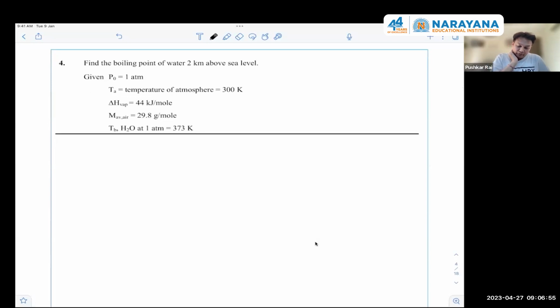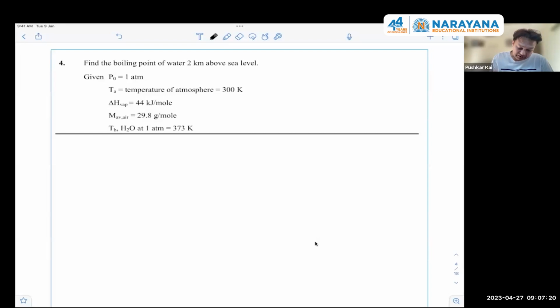Next question. Find the boiling point of water 2 kilometers above sea level. When you are at some mountain, what is the boiling point of water? Given P naught is equal to 1 atm. That means P naught is the pressure at the ground. TA is the temperature of the atmosphere, 300 Kelvin. Delta H vaporization is 44 kilojoules per mole.